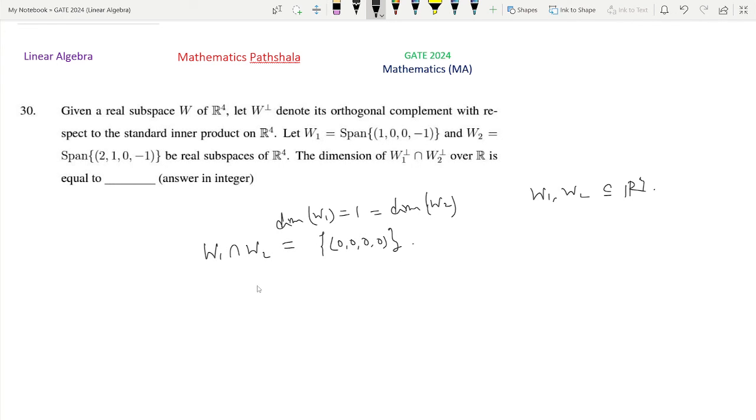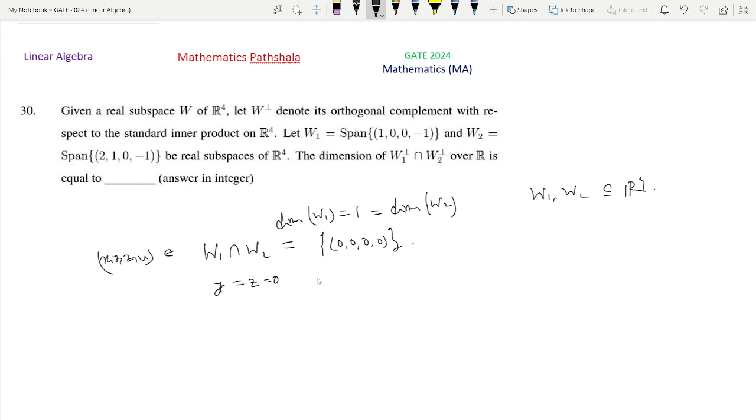If we take one element x, y, z, w belonging to this intersection, as it belongs to W1, we must have y equal to z equal to 0. Both the second and third components will be 0.